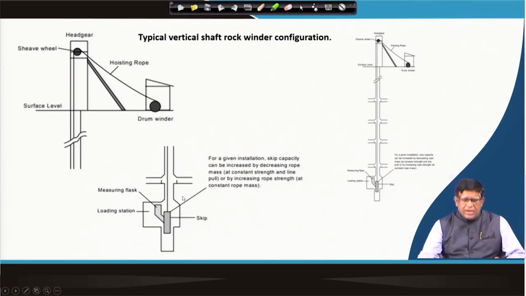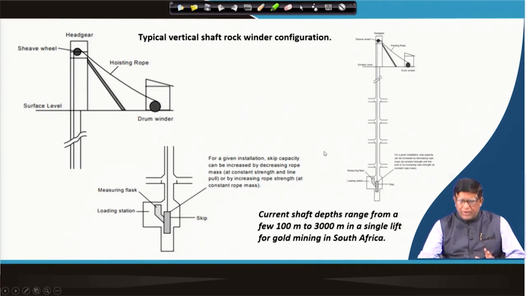So, while you are talking of design winding calculation, first you will have to know what the different system components are, as we discussed in our earlier class. From those components you need to find out which part you are going to design, or what type of calculations you will be doing.